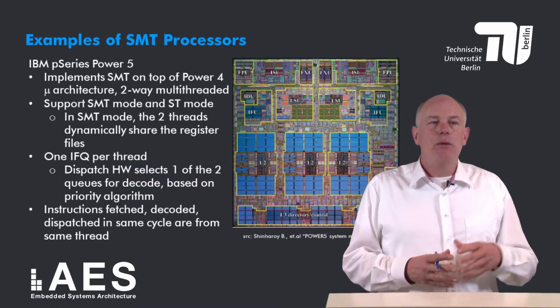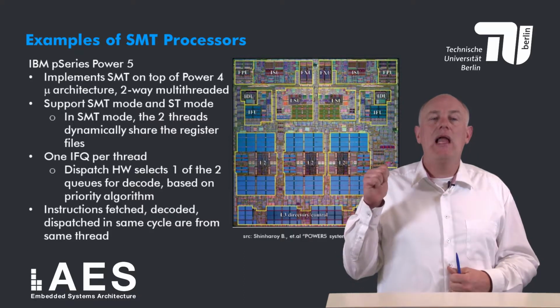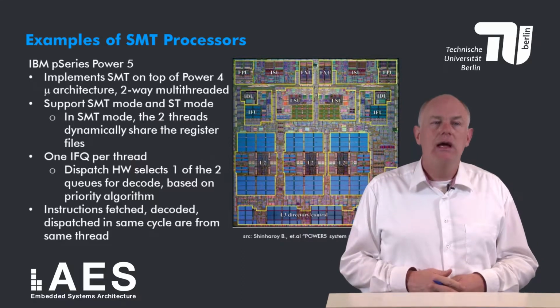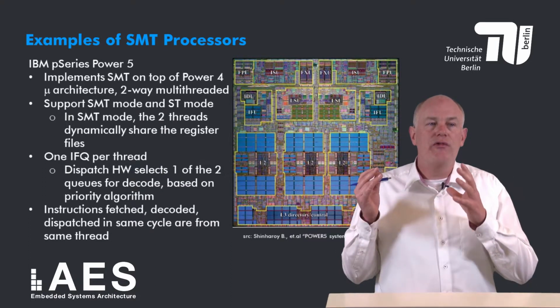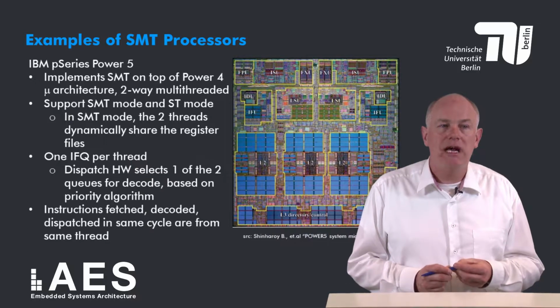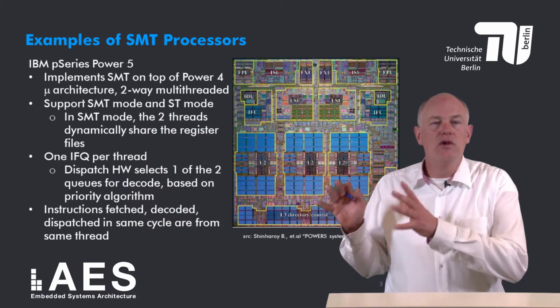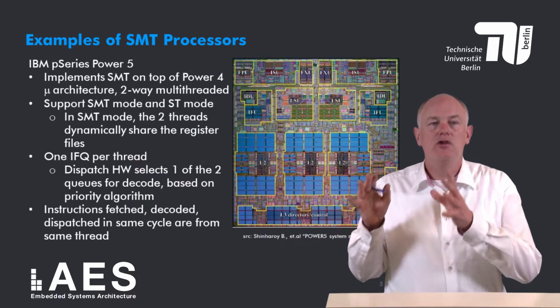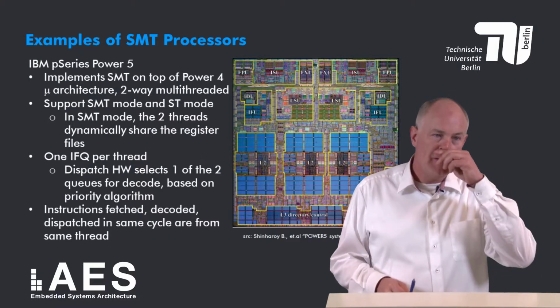In fact, it supports a simultaneous multi-threading mode as well as a single-threaded mode, an ST mode. In SMT mode, the two threads dynamically share everything there is to share on the chip, whereas in single-threaded mode, all resources are devoted to executing a single thread as fast as possible.